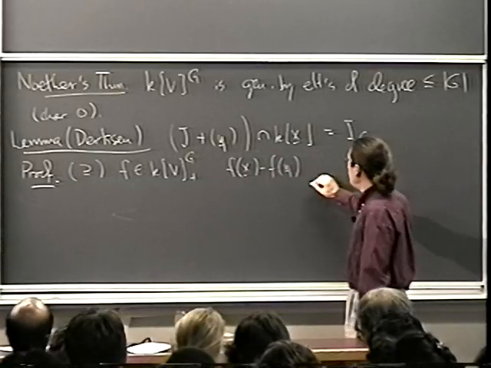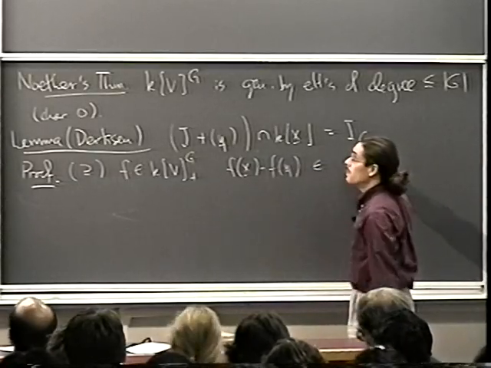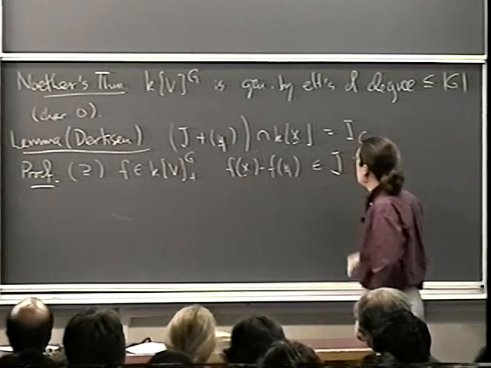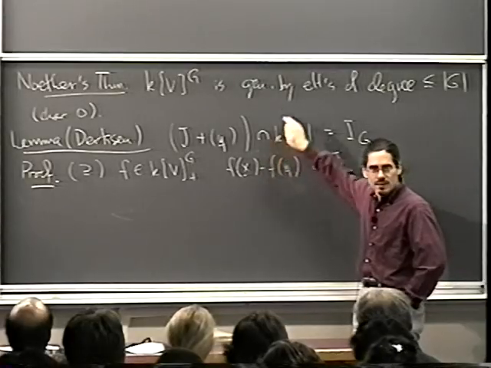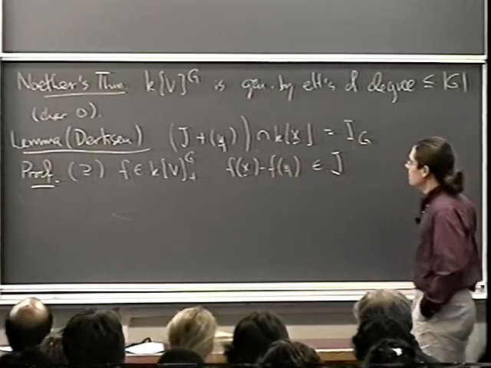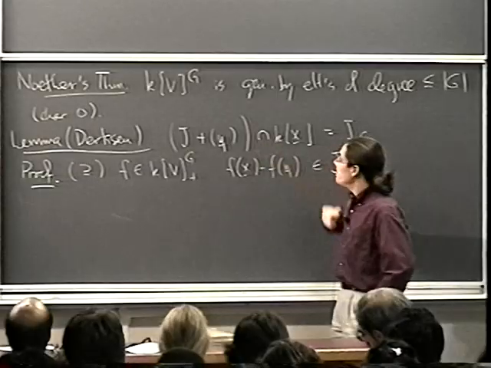All right, so this is going to vanish on the Dirksen arrangement. This is going to be in J, right? And on the other hand, mod y, you just get f of x, right? And so that shows that f of x is actually in here.